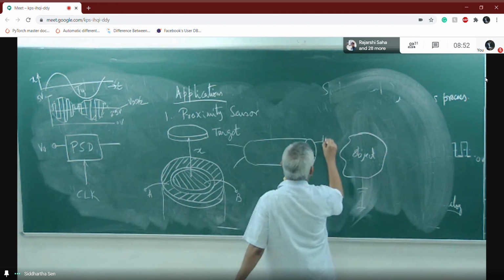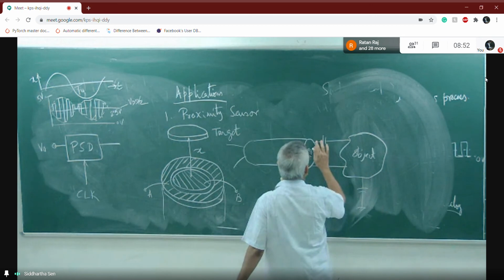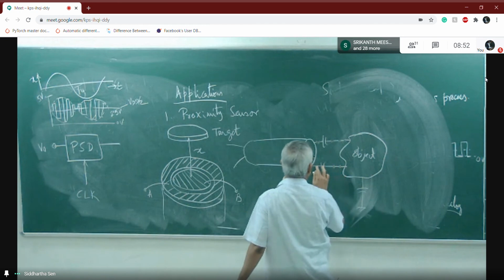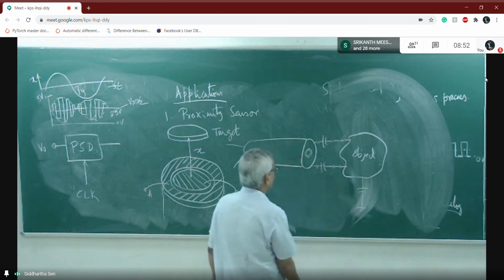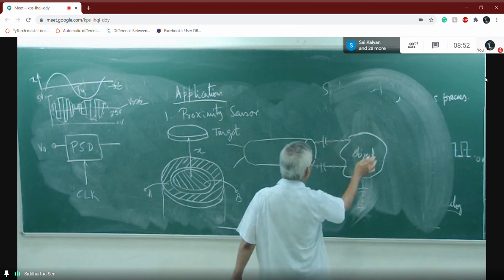Through these capacitances, they would be coupling, drawing some flux.